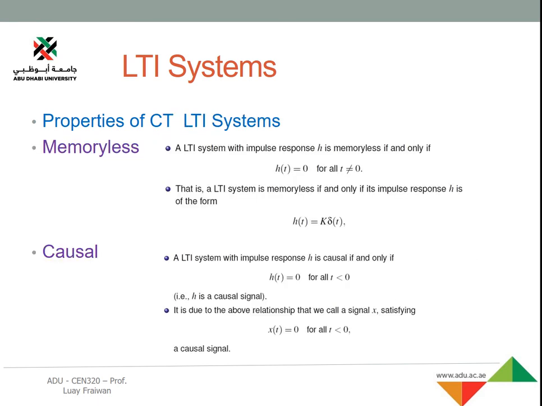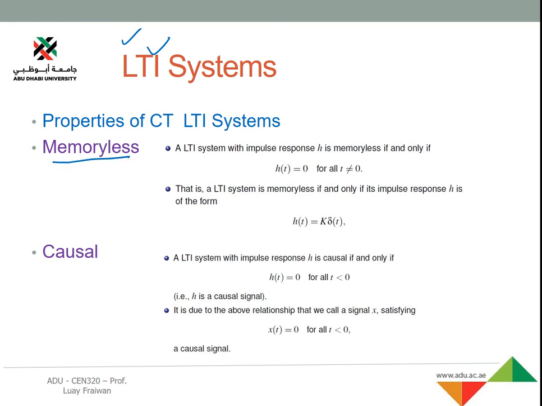Now I'm coming to the major properties, the main part of the lecture, which is the LTI system properties. Remember the LTI system is already time invariant and linear, so we are going to study the remaining properties. The first one is memoryless.